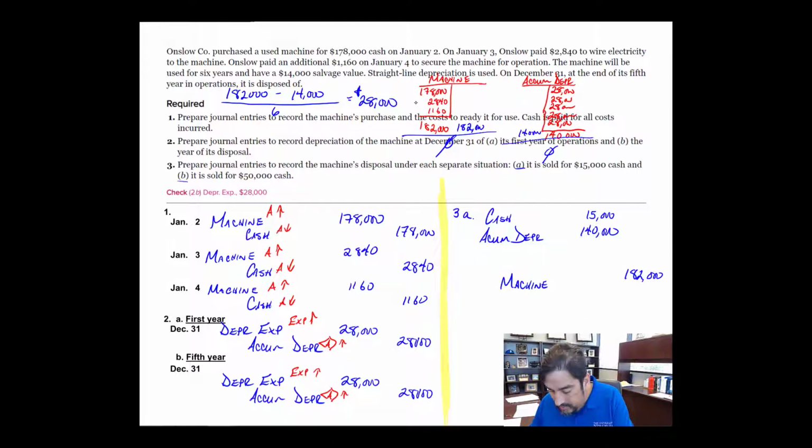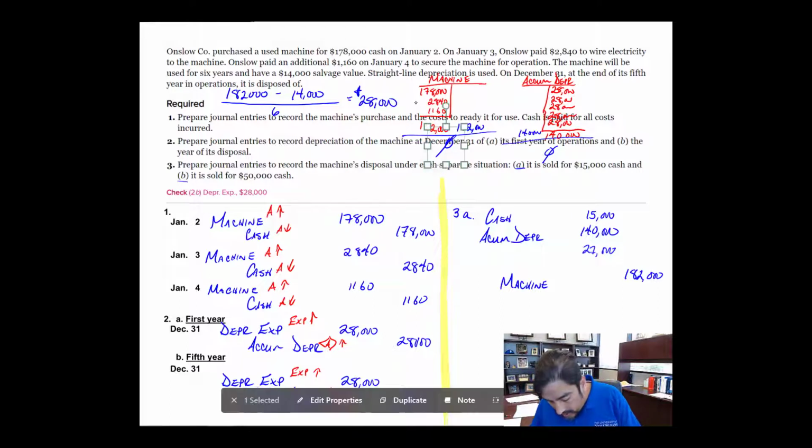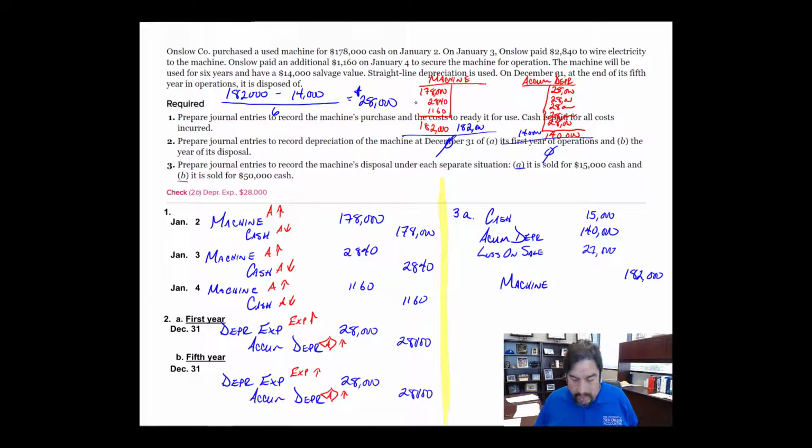It's easy to move stuff around. I need a debit for $27,000 to make my journal entry balance. When we need this plug, it's a gain or a loss. When it's a debit, we call it loss on sale, or loss on disposal, or loss on machine, something like that. So there's our journal entry for 3A.